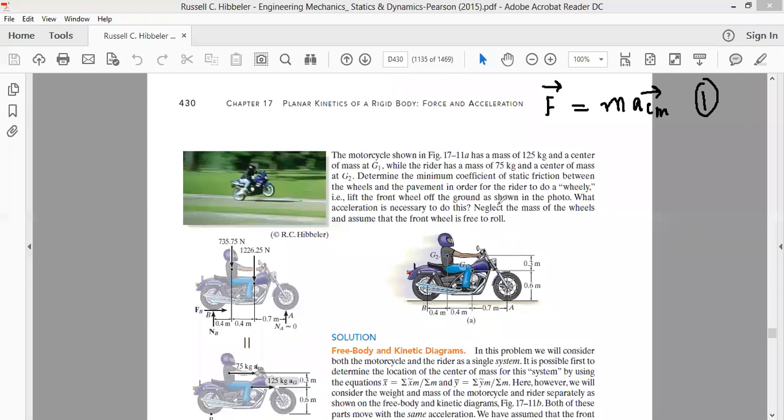As far as the second equation is concerned, it was about the moments.